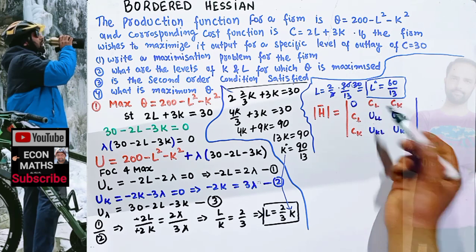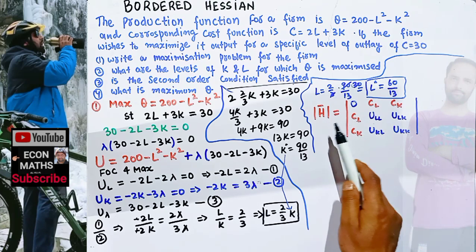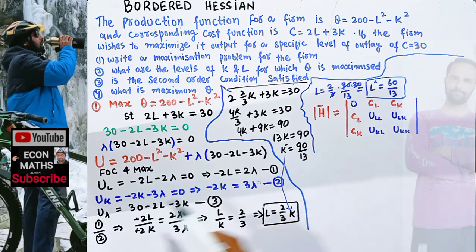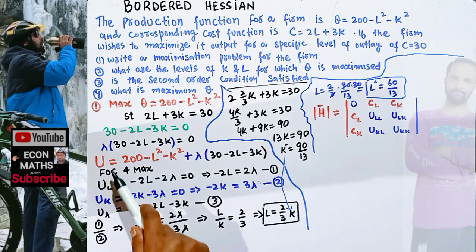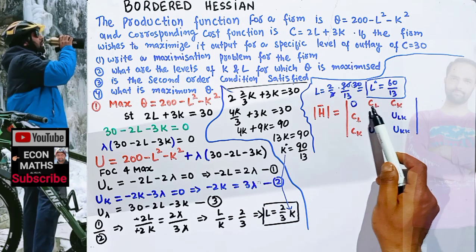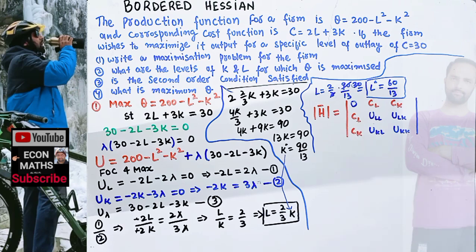The bordered Hessian matrix is composed of second order partial derivatives of the Lagrange function bordered by the first order partial derivatives of the cost function. Let us see what exactly is meant by each term.